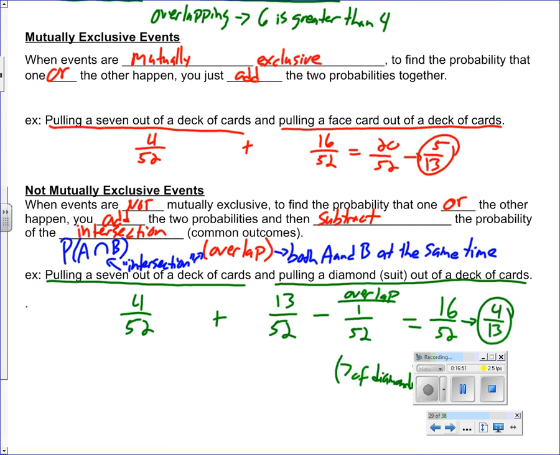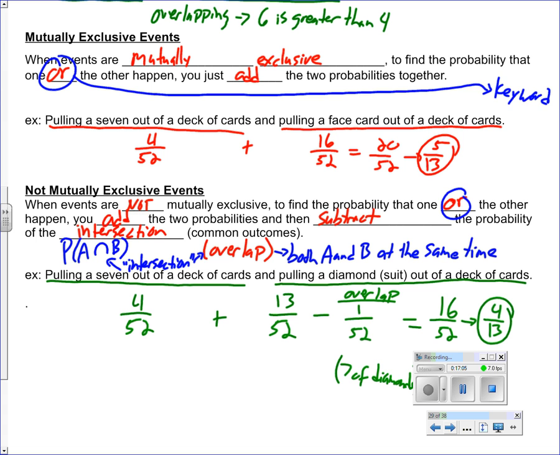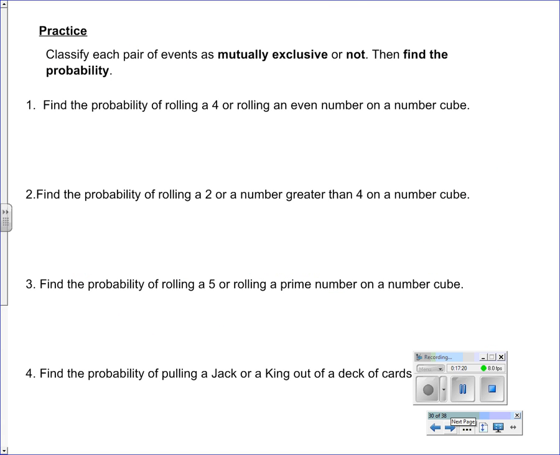One thing to point out before we move on is that we have OR as another keyword. We had "and then" as our keyword for multiplying, and OR is our keyword for adding. The only difference between the two is if they are overlapping events, we have to subtract the overlap as well. On the next page, there are some practice problems.